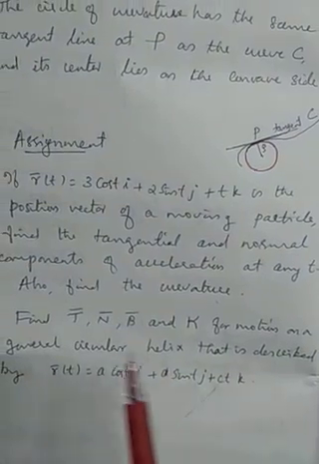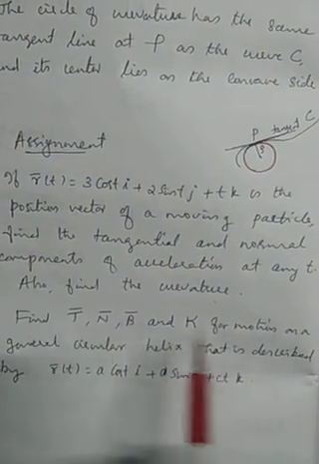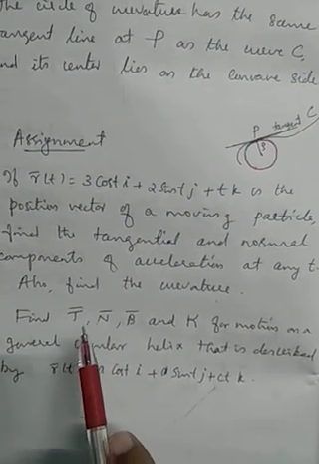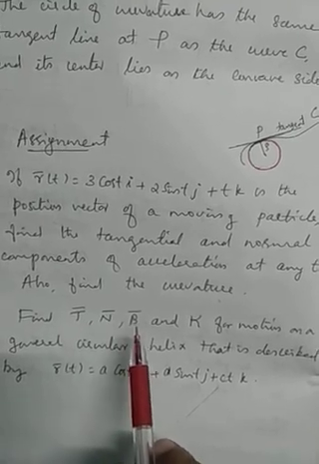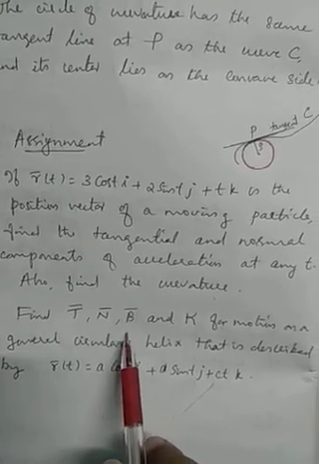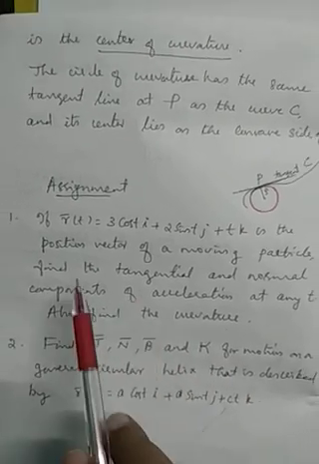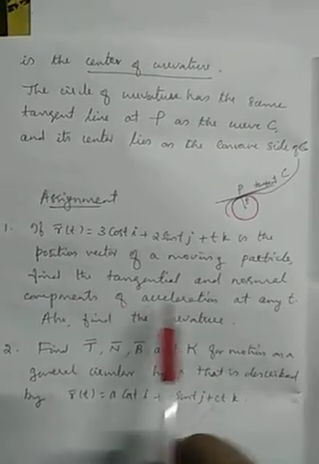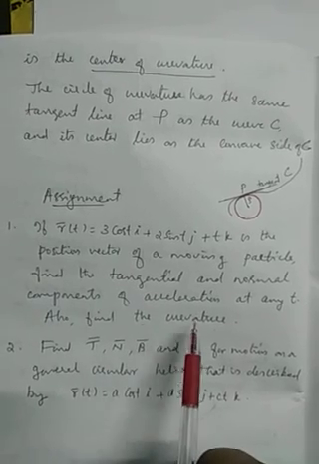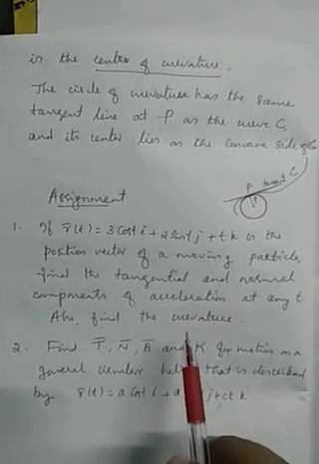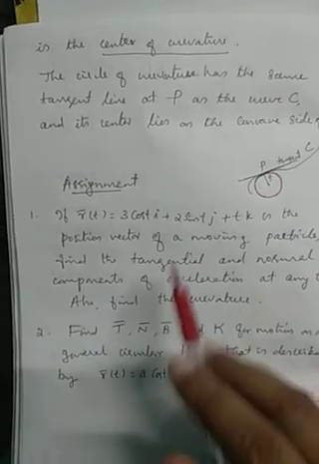We have formulas to find all these vectors: the unit tangent vector, the unit normal vector and the binormal vector, which is also a unit vector, and the curvature kappa. Here we have to find the tangential and normal components of acceleration and the curvature. So you can do these two problems easily.